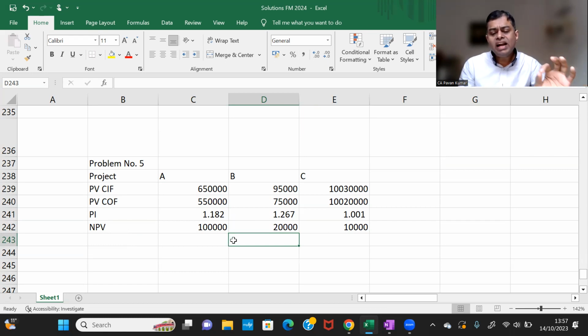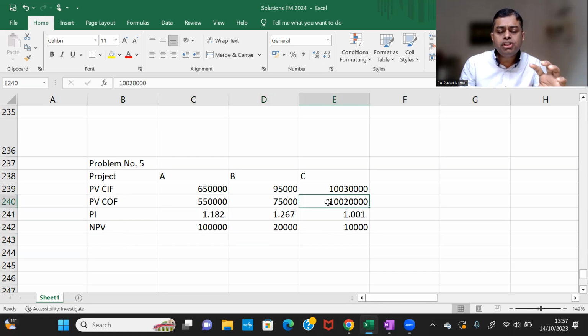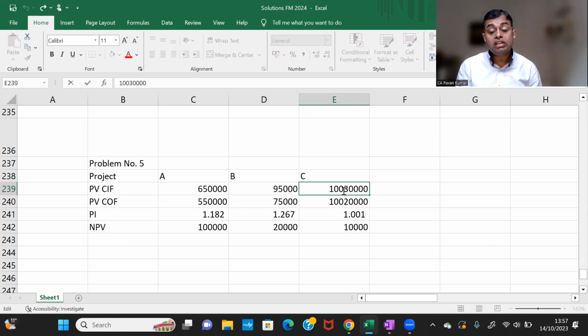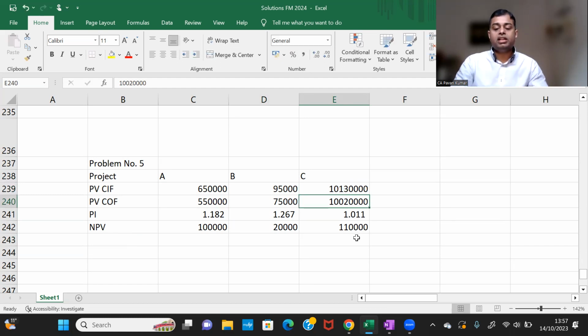Now, ICAI did some small mistake. Let me change the number. Here, instead of 1 crore 30,000, I'm taking 1 crore 1,30,000.